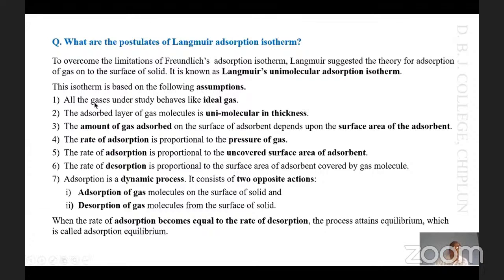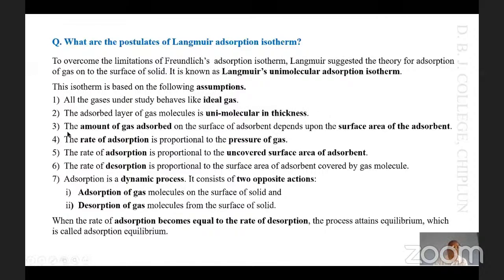The first assumption of this theory is that all the gases under study behave like an ideal gas. The second assumption is that the adsorbed layer of gas molecules onto the surface of an adsorbent is unimolecular in thickness.